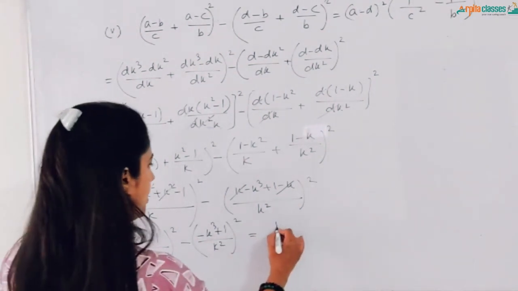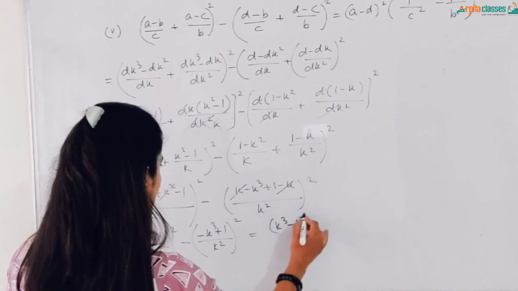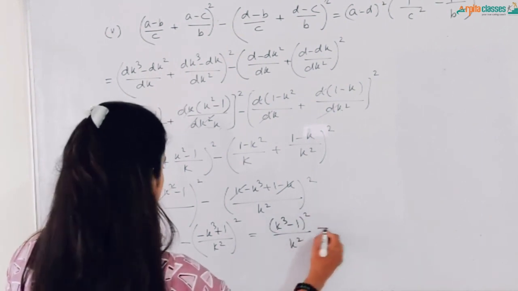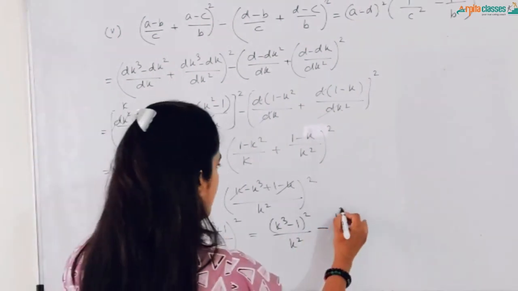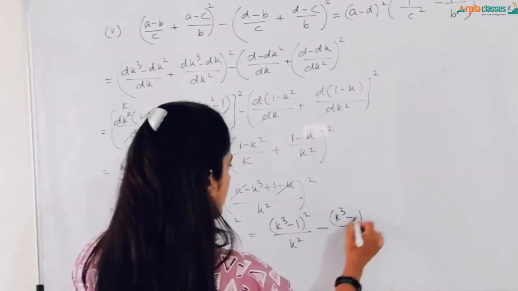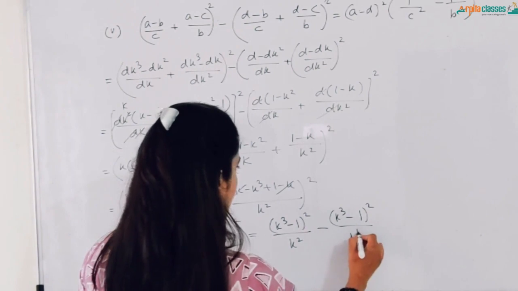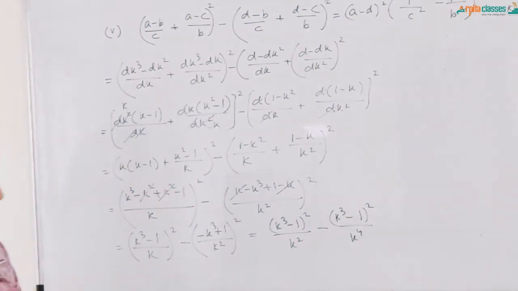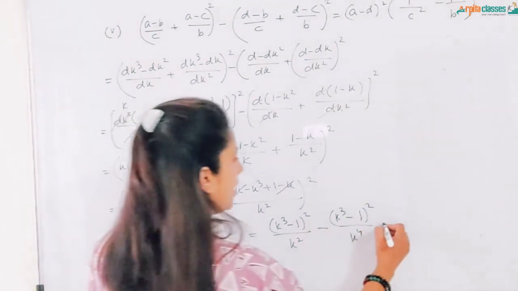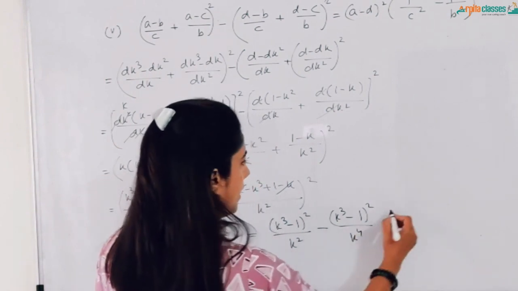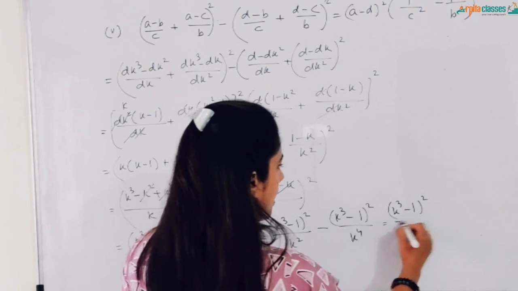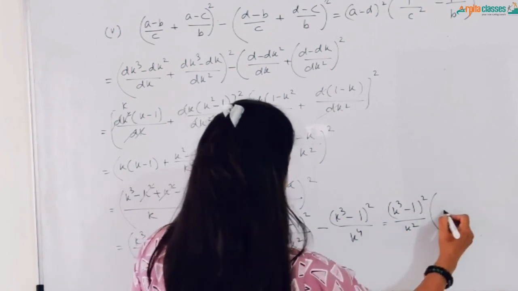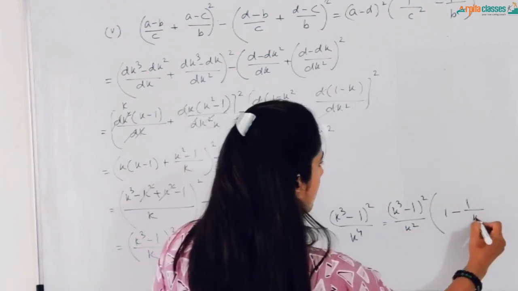So here this is k cube minus 1 the whole square upon k square minus, since this is square I can just reverse it. I can write k cube minus 1 the whole square upon k to the power 4. So now if I take k cube minus 1 the whole square common upon k square common, so it will be inside the bracket, it is 1 minus 1 upon k square.